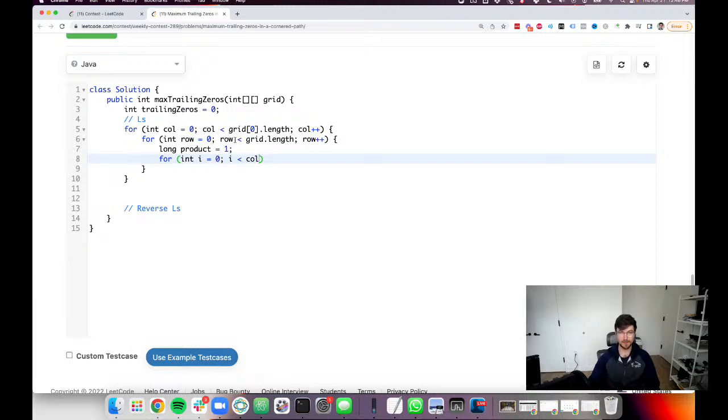I guess really, no, this is fine. So for I equals, maybe let's initialize this to the initial value. We're going down the rows first.